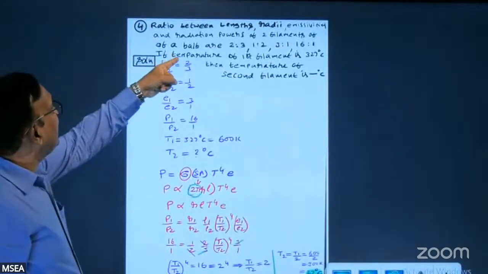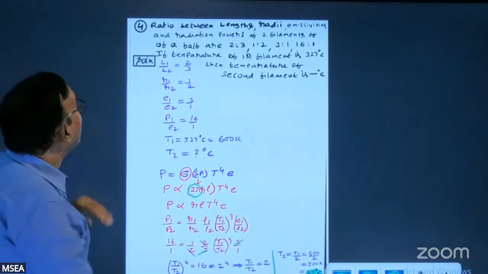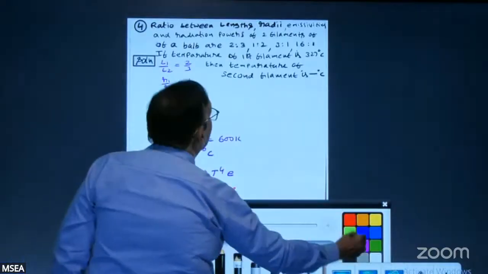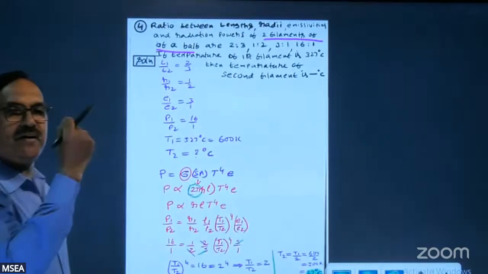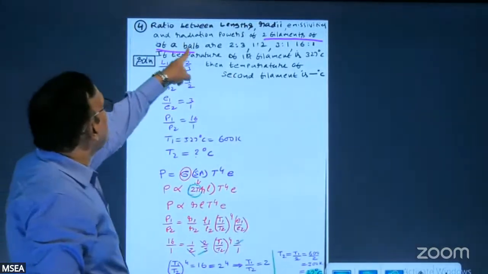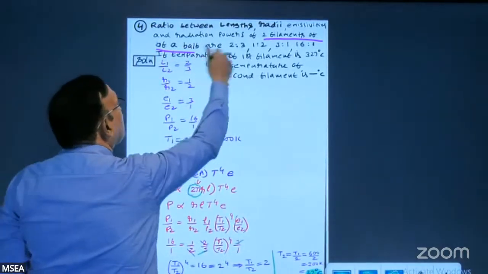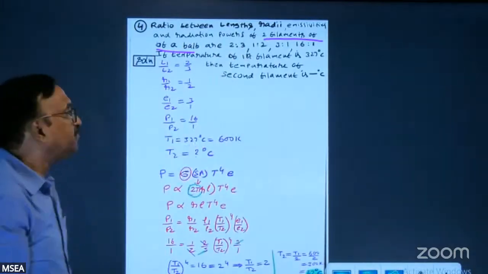The ratio between lengths, radii, emissivities and radiation powers of two filaments of a bulb are given there. All of you know, in the regular bulbs, the filament will be there, tungsten filament. So you have to just dump the data here, whatever data is given.